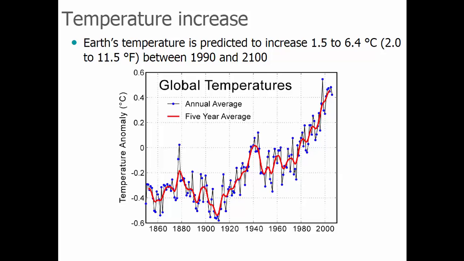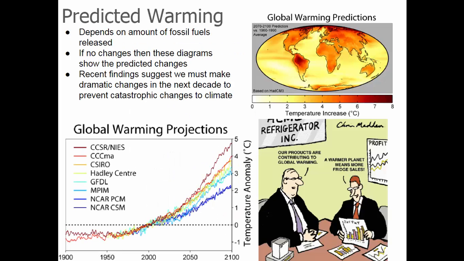Each year is getting pretty much warmer than the previous year. Almost all of our warmest years on record have been in the last decade. We know that the Earth is warming. And when the Earth warms, a whole series of things happen. So what are the predictions? Well, here are the results of various climate models.